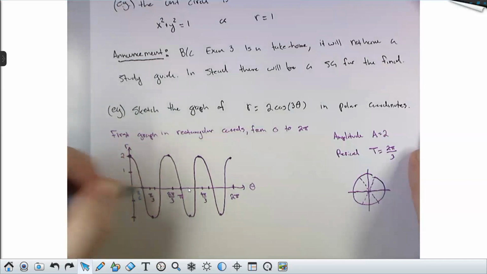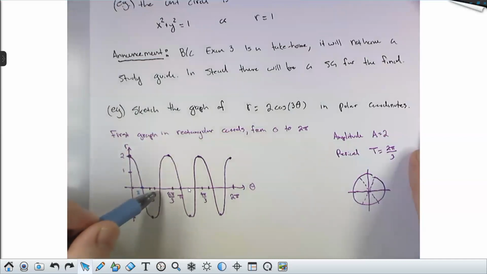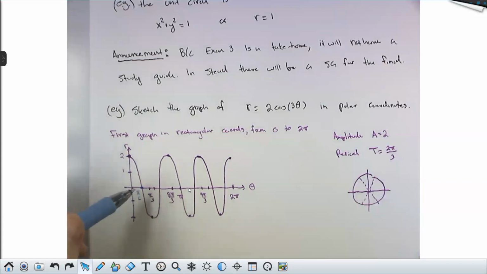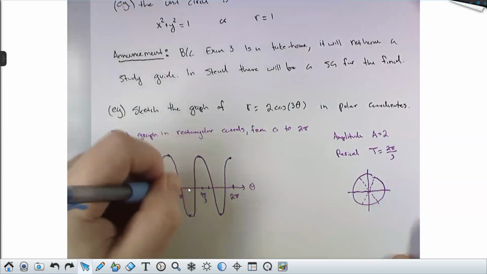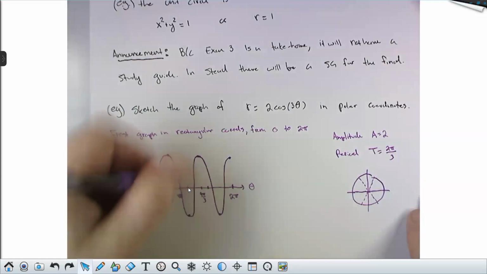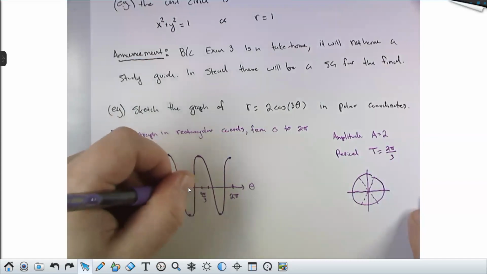This first root here. 2 pi over 6, 3 pi over 6, 4 pi over 6, 5 pi over 6, 6 pi over 6. This would be here.